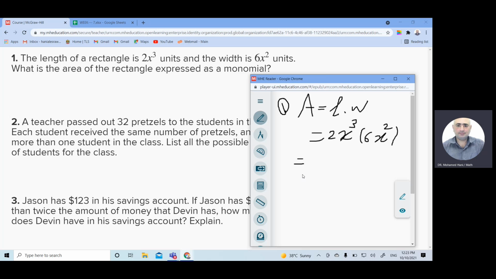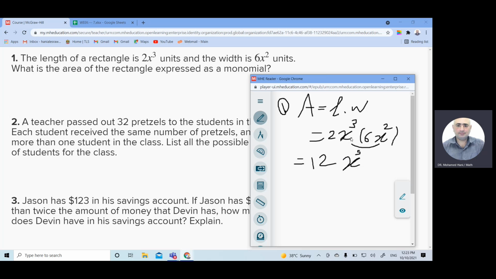How do we multiply here? We multiply the numbers, then the variables. So 2 times 6 will be 12. Then x exponent 3 times x exponent 2. Who can answer me here? x exponent what? 5.